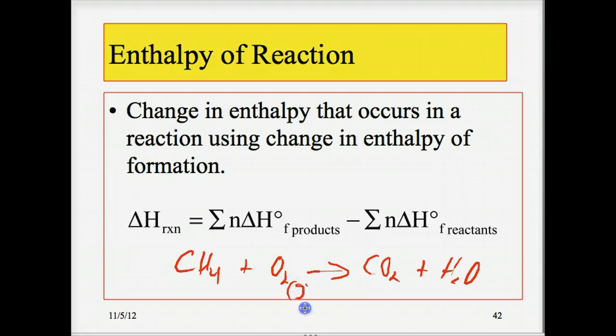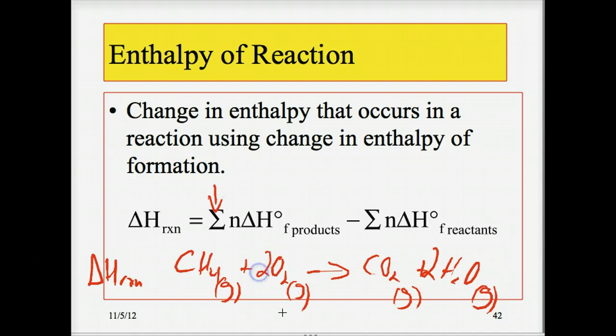And these are in the gaseous form. In order to come up with a heat of reaction here, I can take the summation, that big sigma, of my products, my H2O and my CO2, and I've got to balance this out. And I'm going to subtract the heat of formation for all my reactants, my CH4 and my O2.